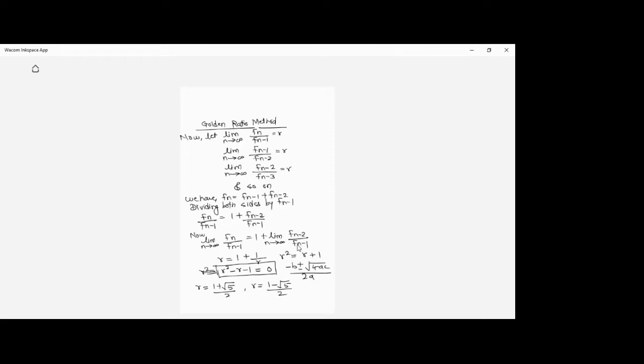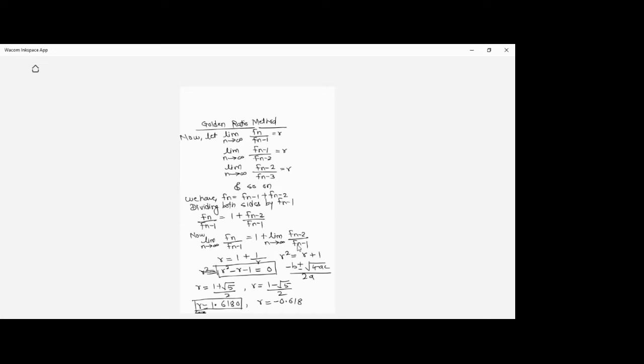So the r value here will be 1.6180, and the other r here will be minus 0.618. This value is called the golden ratio.